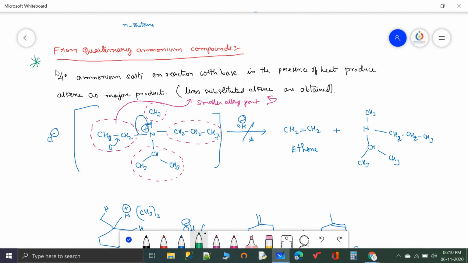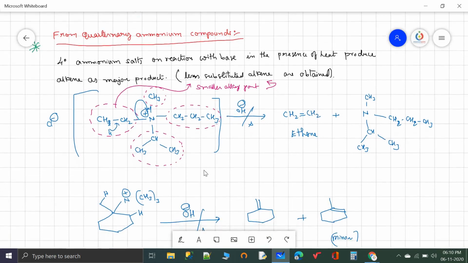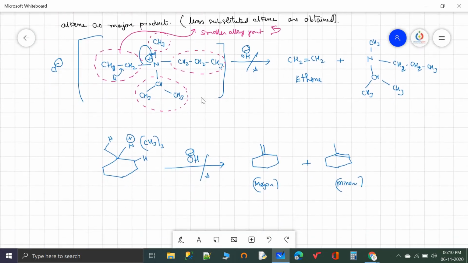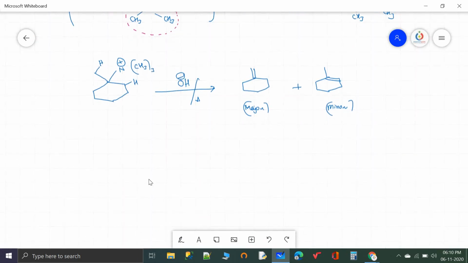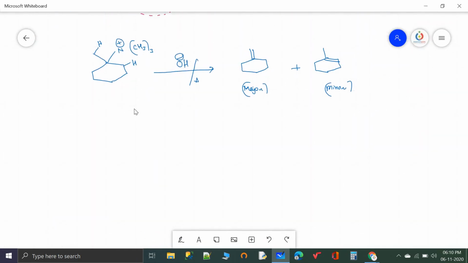This is one among them, because whenever certain compounds are subjected to dehalogenation or elimination reactions, generally they provide the more substituted alkene as the major product. But like Al2O3 and this reaction, they provide the less substituted alkene as the major product. So these reactions are more preferred in preparing the less substituted alkenes.